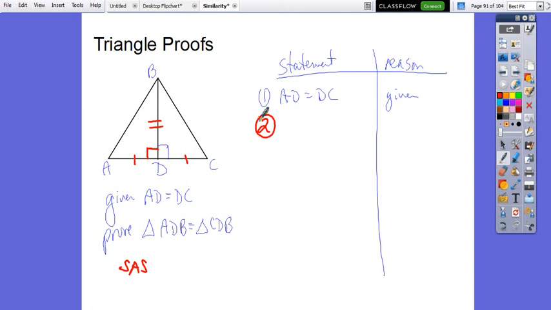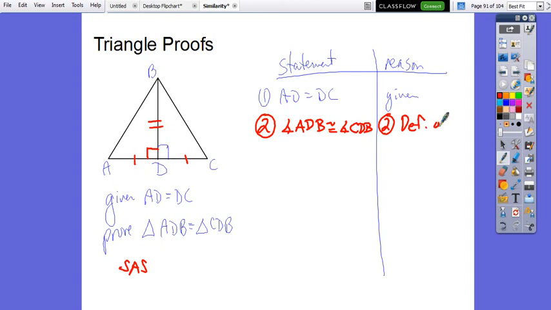All right, in number 2, we can say that angle ADB is congruent to angle CDB, and the reason is definition of perpendicular lines.